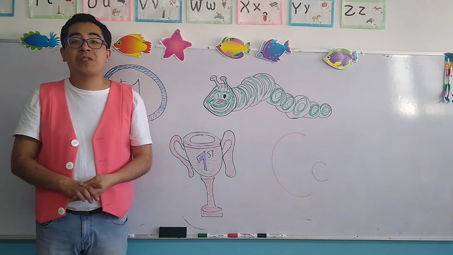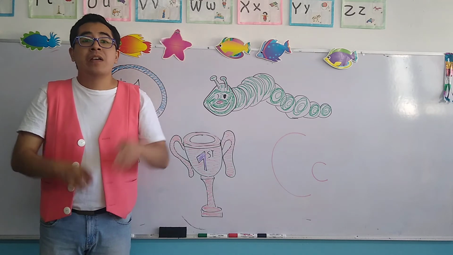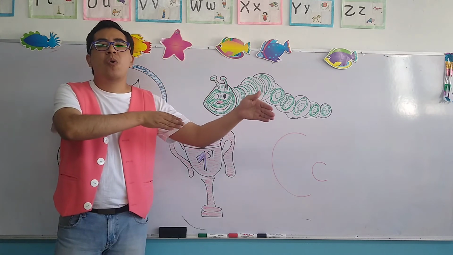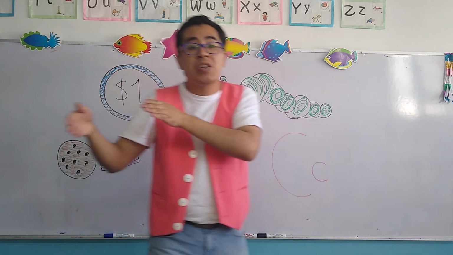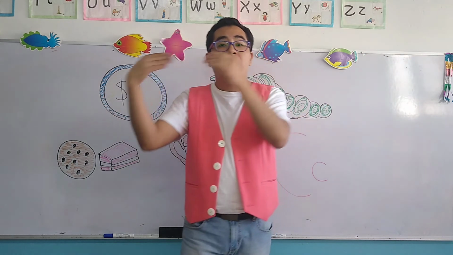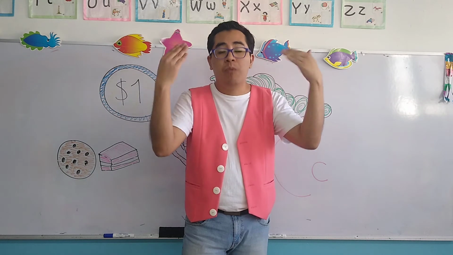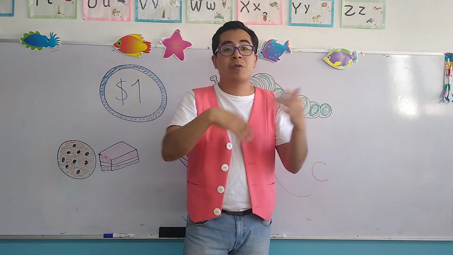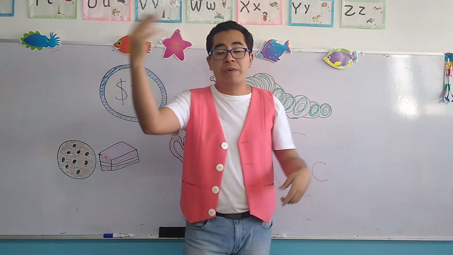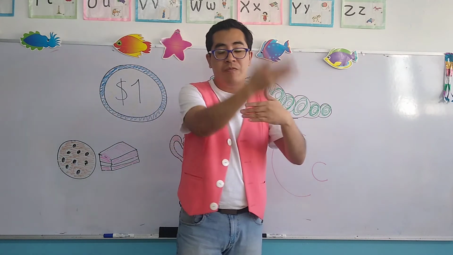La copa siempre es un premio que se le da al que está en primer lugar. That could be in a race or in an exercise. Puede que haya ganado en una carrera o a lo mejor en un ejercicio. According to the sport, de acuerdo al deporte, maybe they won in football, or maybe in basketball, or in soccer, en el juego de fútbol.